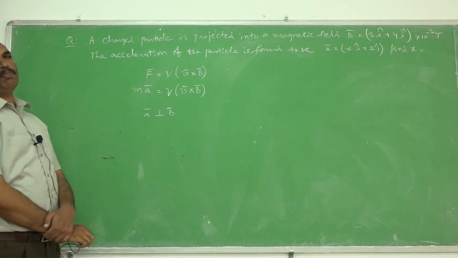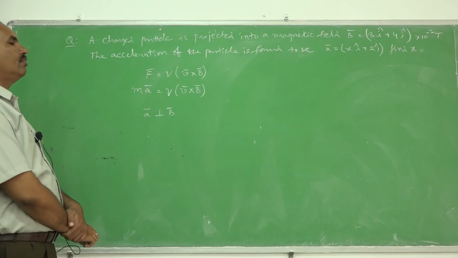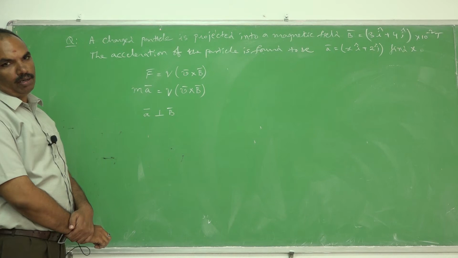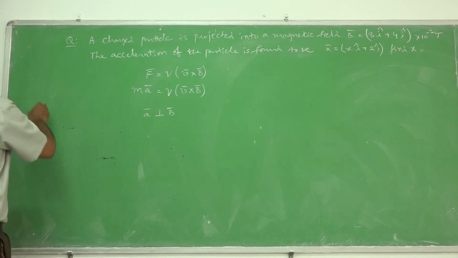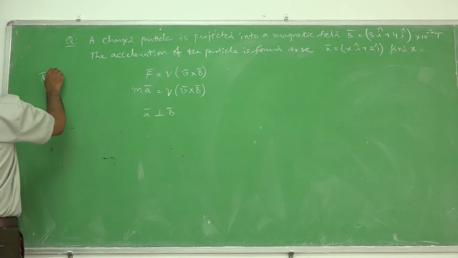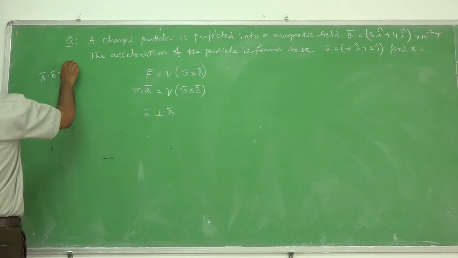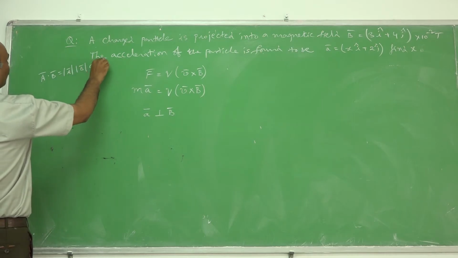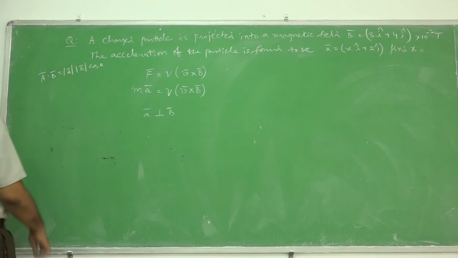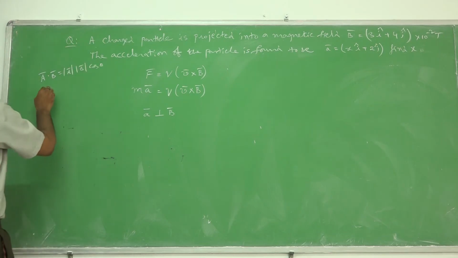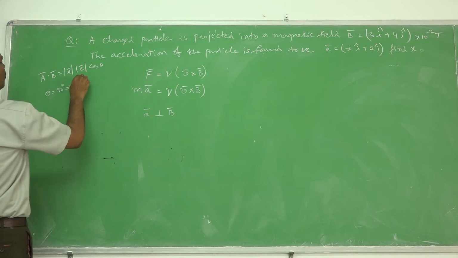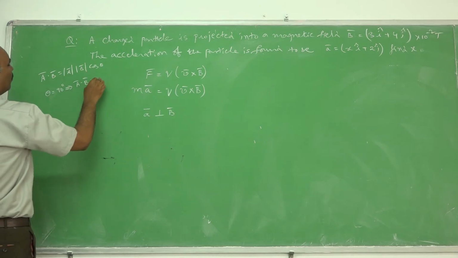Whenever two vectors are perpendicular to each other, what will happen? Their dot product, if you consider, what is the formula of dot product? A bar dot B bar is equal to mod A bar mod B bar cos theta. If theta is 90, cos 90 is 0. Theta is equal to 90 degrees implies A bar dot B bar is equal to 0.